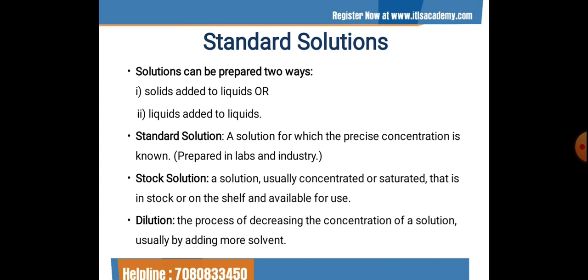Next is the stock solution, a solution usually concentrated or saturated, that is in stock or on the shelf and available for use. Stock solutions, in general terms, we can define as highly concentrated forms. Suppose all the reagent bottles in a laboratory come in highly concentrated form, and we do not use the highly concentrated form in our experiments.